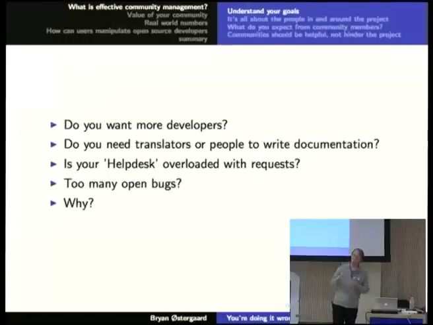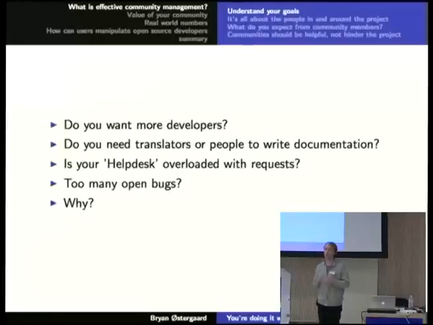So you need to think about your goals. It's your project, and you need a bit of help, because which open source project couldn't use a few more hands? But you need to figure out with yourself, what kind of help is it that I'm looking for? You might look for translators of documentation. You might be looking for people who can help market your project better.